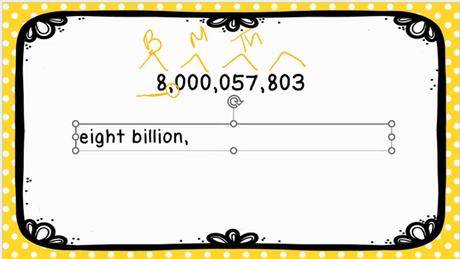All right, what do you see here? Zeros, right? And there is a 0 in the ones, tens, and hundreds place of this period. What do you think we're going to write for that? If you said nothing, give yourself a cha-cha-cha. All right, so when there are zeros in the ones, tens, and hundreds place of a period, you do not have to say that period.